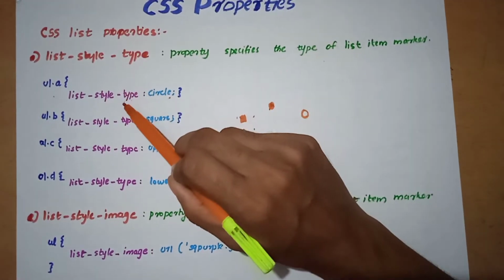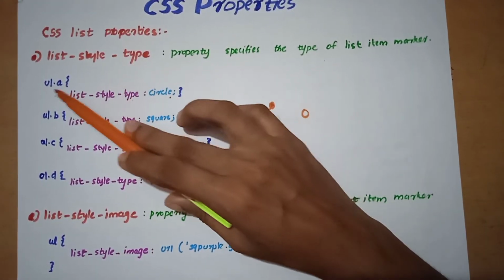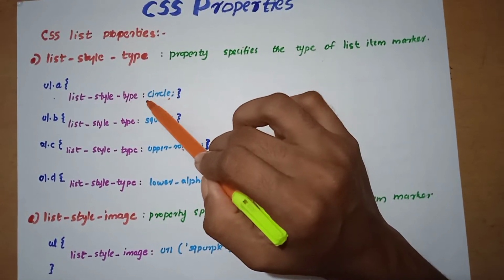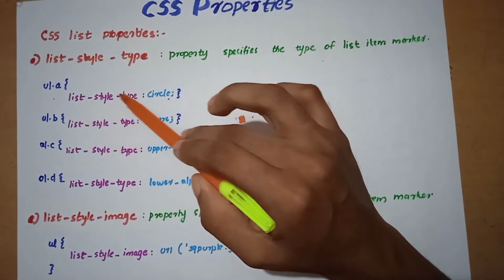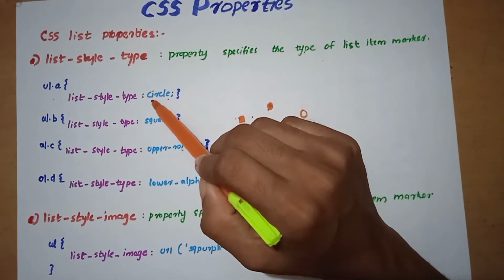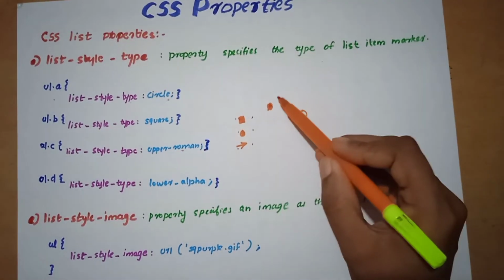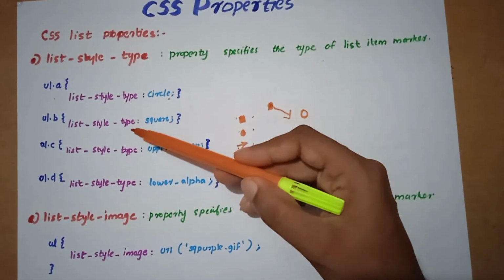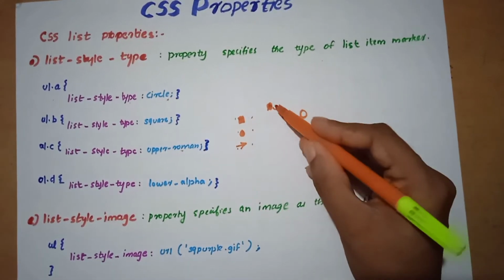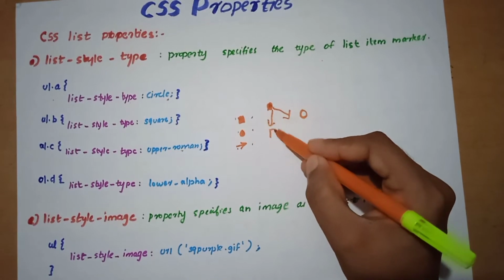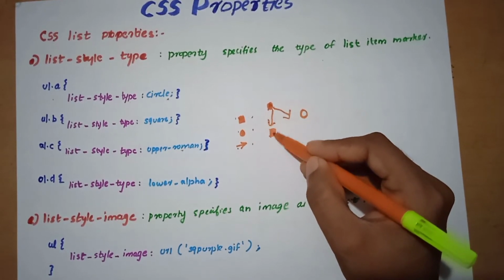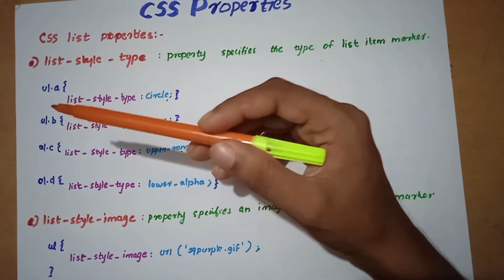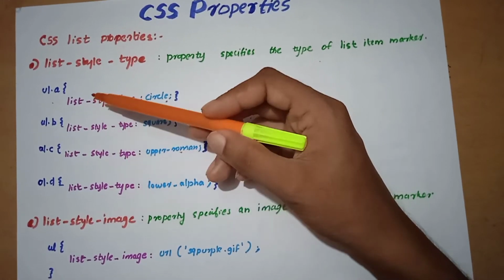So in order to change our default unordered list marker into another kind, you can use this list-style-type. Even here I used circle, so the default one changed to circle. And if I use square, this will be changed to a square. This is how we normally use styles inside the list.